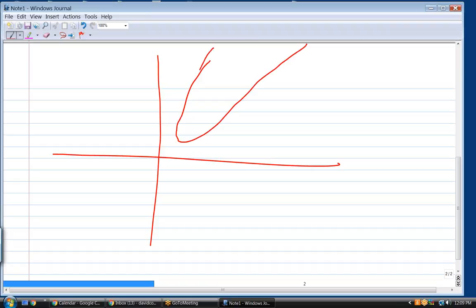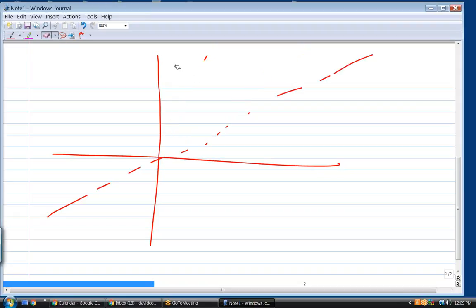It wasn't a parabola. It was a shape that had an oblique asymptote. The oblique asymptote was like that, and the function was more like this. Remember oblique asymptotes? The function approaches that asymptote as it goes to infinity.